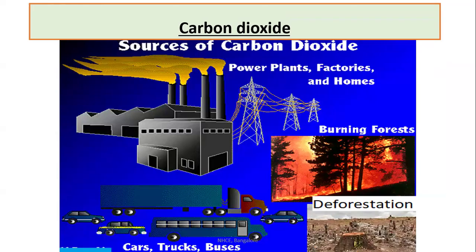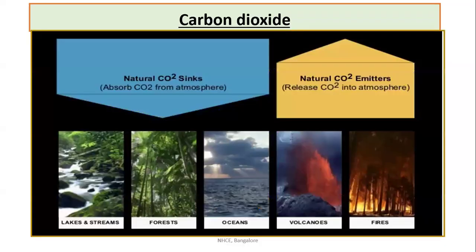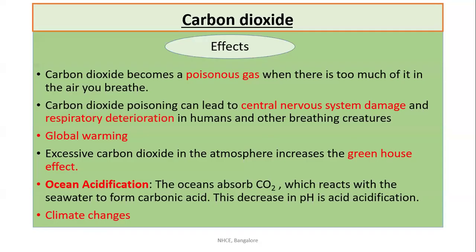This picture shows different sources of carbon dioxide. You can see deforestation, burning of forests, vehicular pollution and all. In a similar way, there are natural ways of absorbing and emitting carbon dioxide. Lakes, forests, and oceans absorb it, and volcanoes and fires emit carbon dioxide.